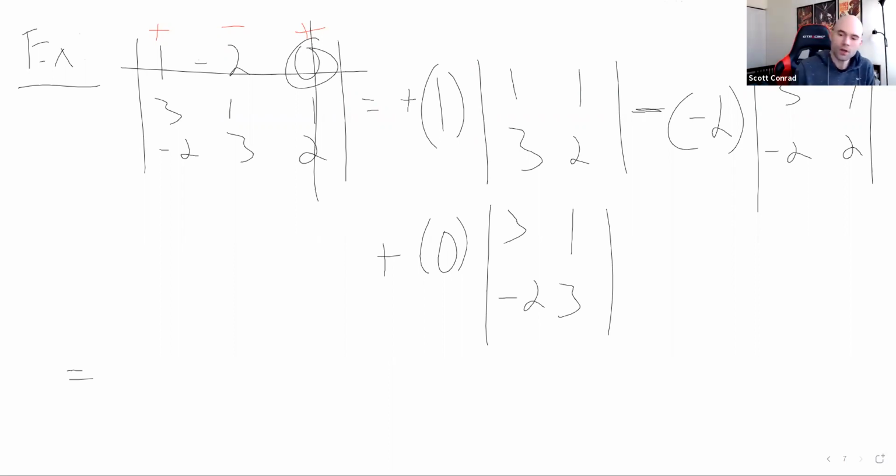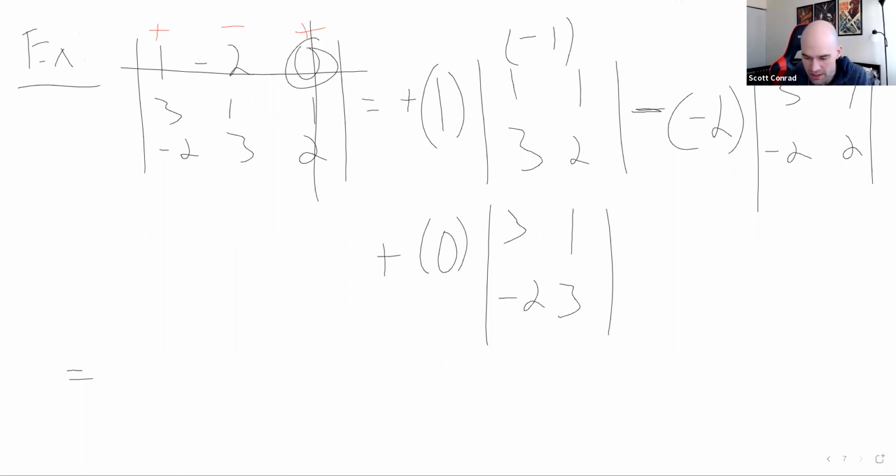Okay. So the determinant of 1, 1, 3, 2 is 1 times 2 minus 1 times 3, which is negative 1. The determinant of 3, 1, negative 2, 2 is 3 times 2, which is 6, minus 1 times negative 2. So 6 minus negative 2 is 8.